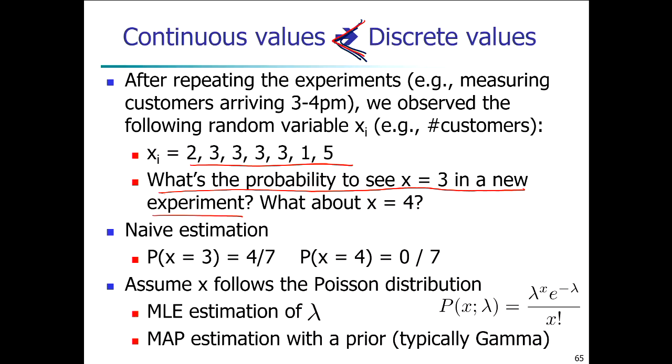The naive estimation is based on something like this. You want to predict x equal to 3. I've already sampled 7 times, and out of the 7 samples, 4 of them have x equal to 3. So my probability is going to be 4 over 7. I think everybody should be comfortable with this one.